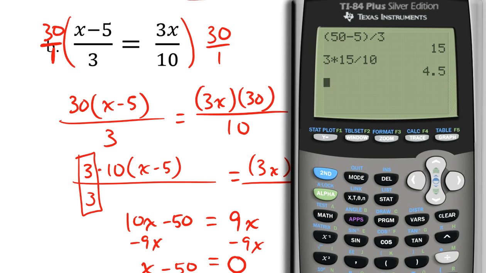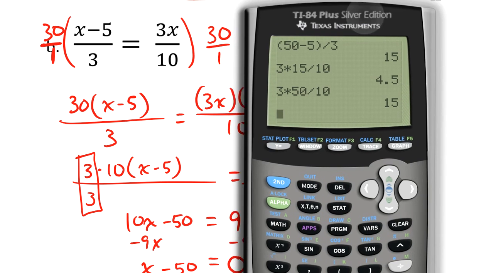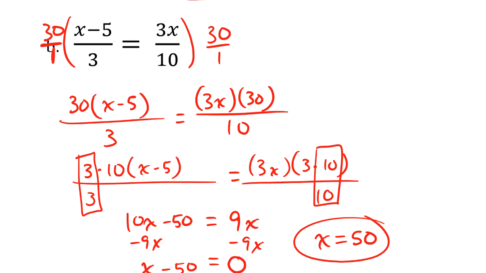Oh, it's 50, not 15. 3 times x divided by 10. And I also get 15. So because these are both the same, it made them both 15. This is definitely the answer. This checks quite nicely.